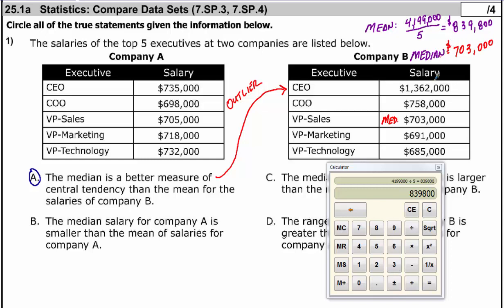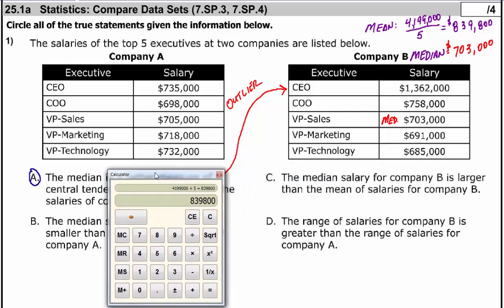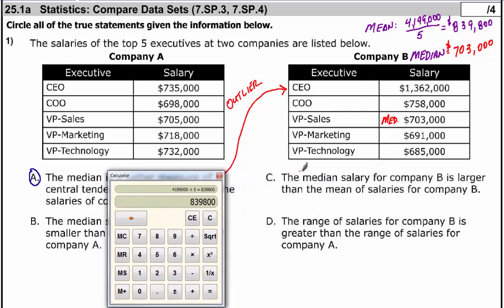And if we look at that median, we can say, yes, that's a better average. While we're at it, let's answer question C, because it's all about Company B also. The median for Company B is larger than the mean. Well, we just said that's false. The median is 703. The mean is 839,800. We can get rid of that one.